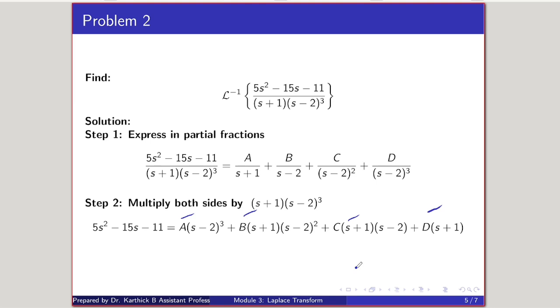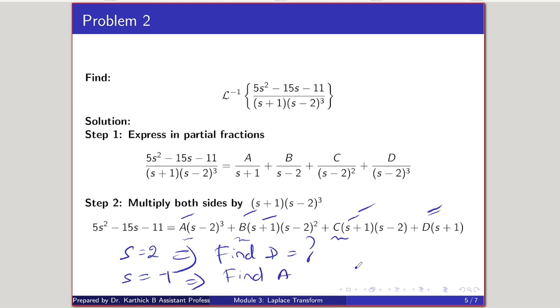If I assume s equal to 2, then A, B and C terms become 0, and it is easy to find D. Then if I choose s equal to minus 1, B, C and D become 0, and it is easy to find the value of A. Next, we need two more terms.